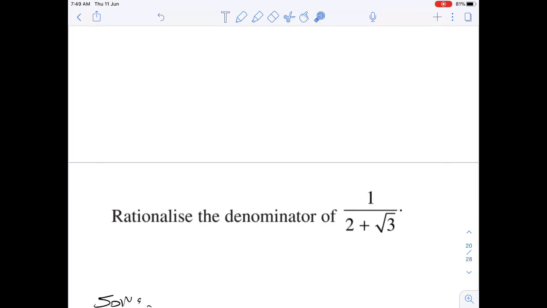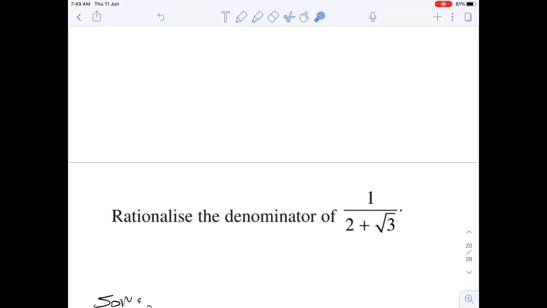Suppose we have to rationalize the denominator of 1 upon 2 plus root 3. Now whenever we have this form, that is 2 plus root 3 or minus any number, at such a time we have to multiply by the same denominator, but the sign will change.